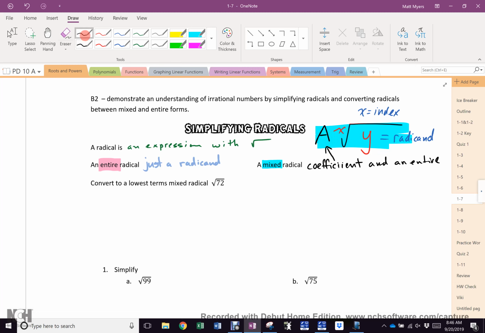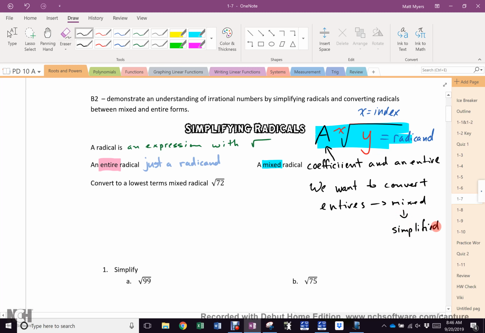Now, our goal is 99% of the time, we want to convert entires to mixed. That is our usual goal because mixed is simplified.